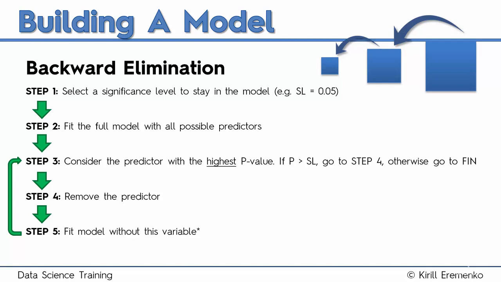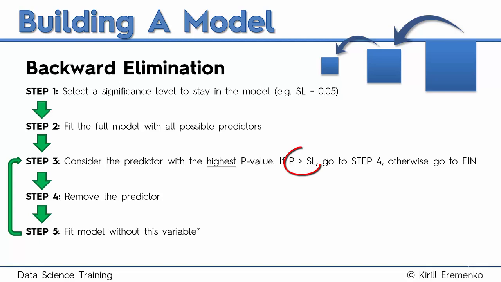Once again, you look for the variable with the highest p-value in your new model, you take it out, so basically step 4, you remove it, you fit the model again with one less variable, and so on. You keep doing that until you come to a point where even the variable with the highest p-value, that p-value is still less than your significance level.